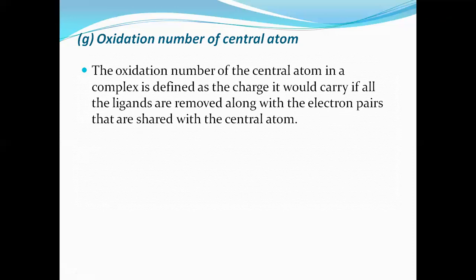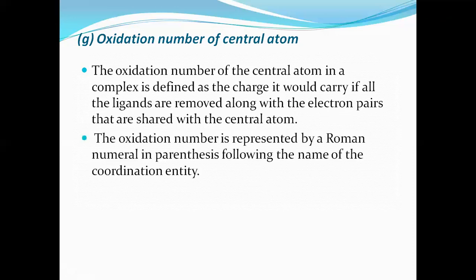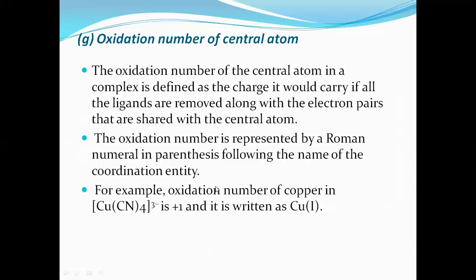That means after forming a complex, if we remove all the ligands with their pairs of electrons, the charge carried by the central metal atom is called its oxidation number. The oxidation number is represented by a Roman numeral in parentheses following the name of the coordination entity.